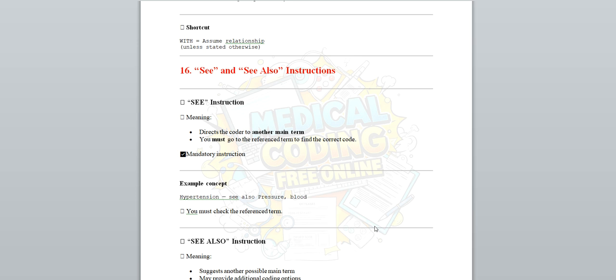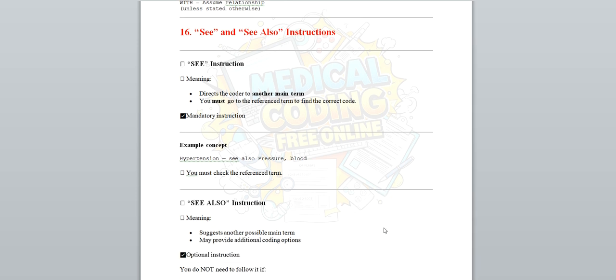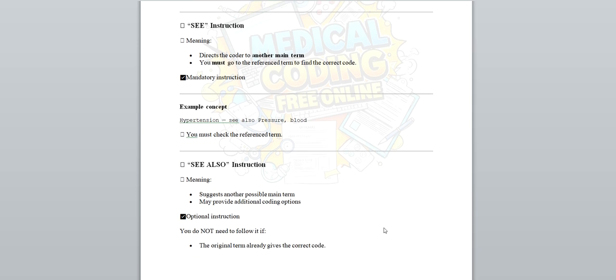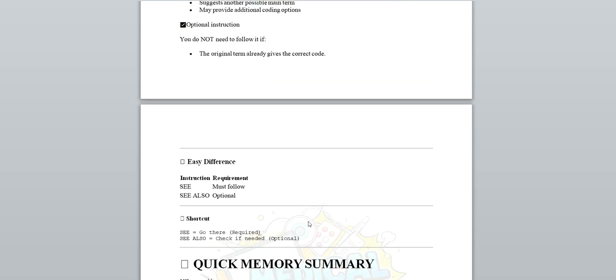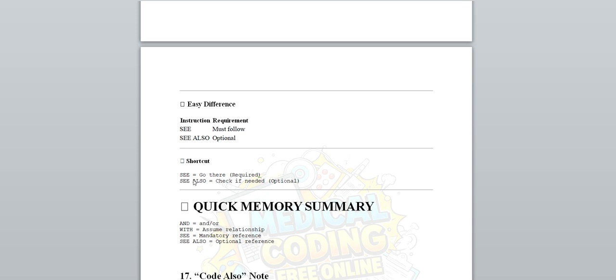You must check that referenced term. The "see also" instruction suggests another possible main term may provide additional coding options. It is optional. You do not need to follow it if the main term already gives the correct code. So the easy difference: "see" must be followed, "see also" is optional. Shortcut: "see", go to the other term, required. "See also", check if needed.